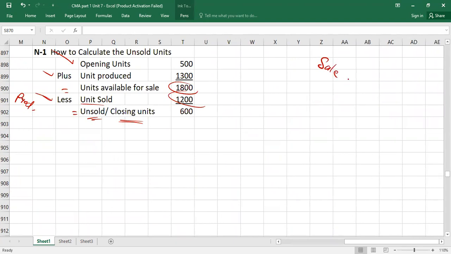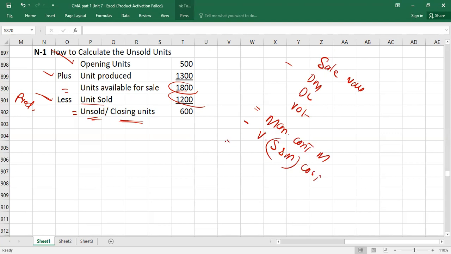Sales value less direct material, direct labor, variable overhead. If I deduct these three, I'm assuming there is no opening and closing inventory, so this is equal to manufacturing contribution margin. From there I will subtract variable selling and marketing cost. So this is called contribution margin. Is this true or wrong? It's true. I can say it this way also.